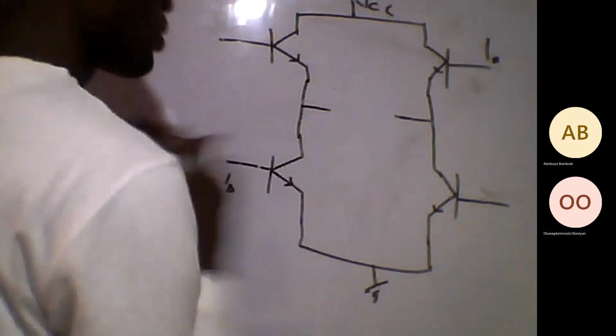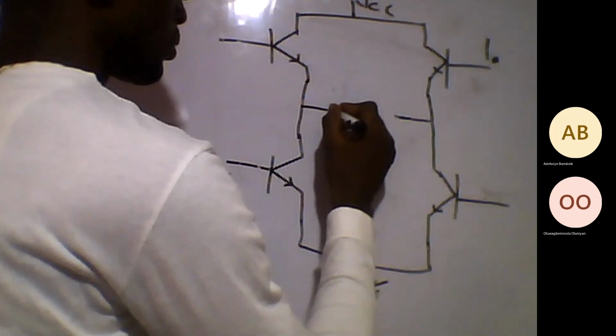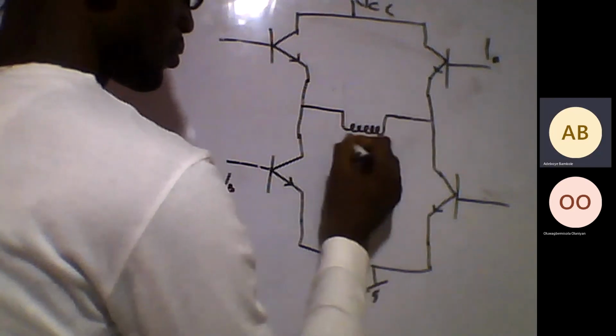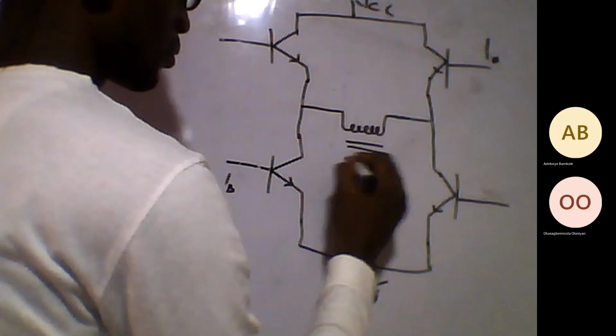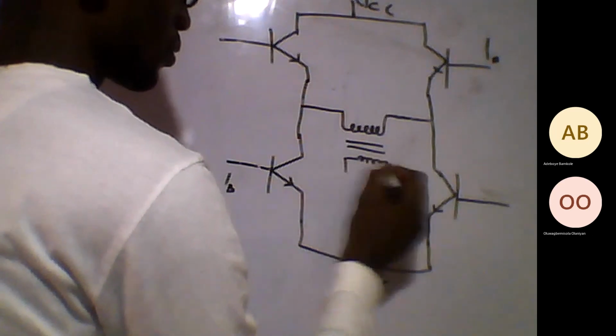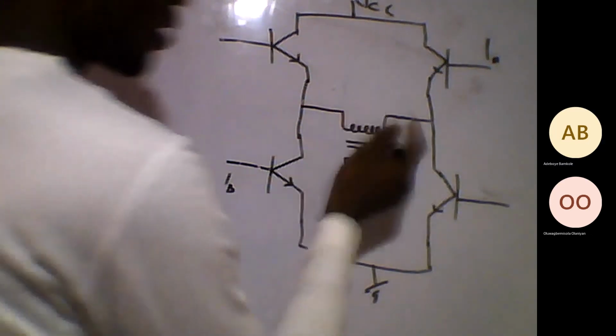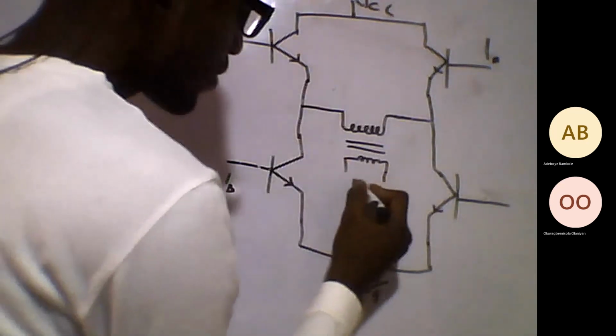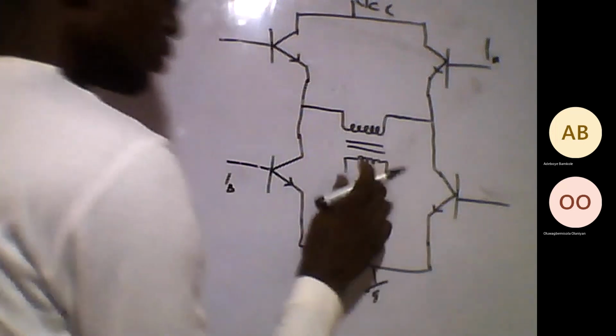This is how we draw it. Now it comes here, induction takes place here, then we have the house fuse.